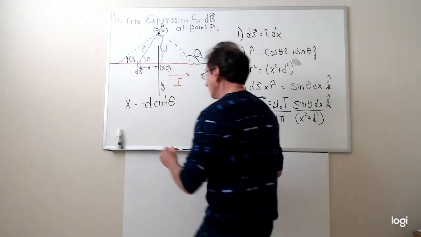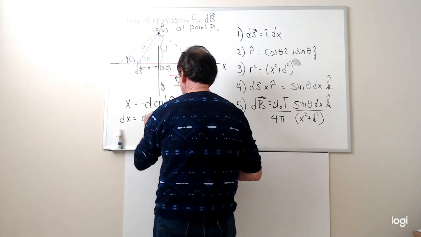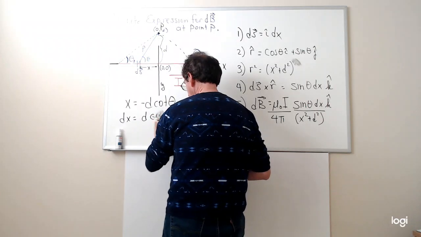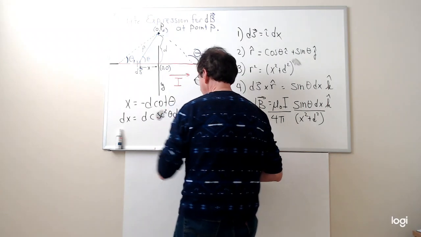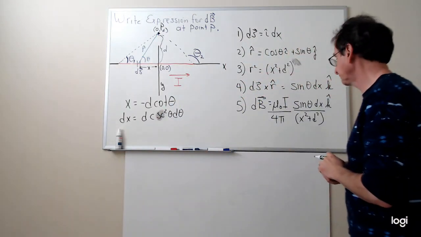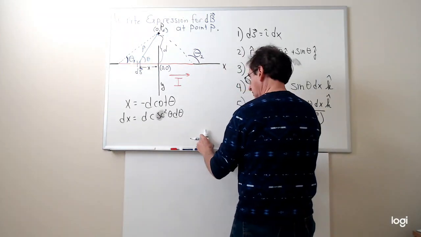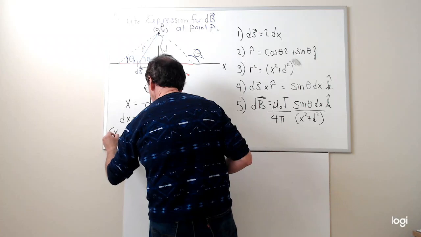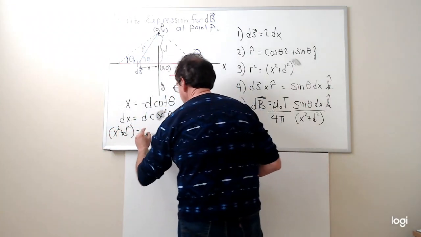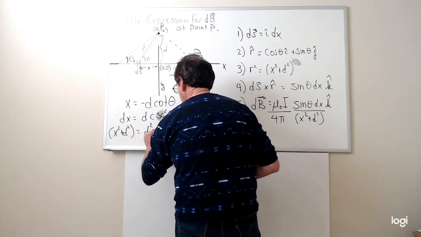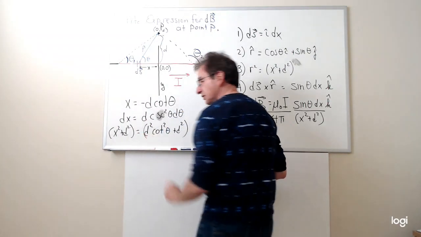Then dx is d cosecant squared theta d theta. Now what is x squared plus d squared? It is d squared cotangent squared theta plus d squared.